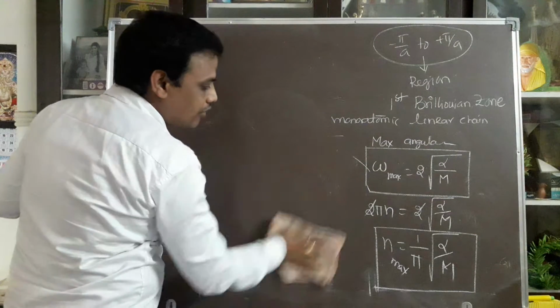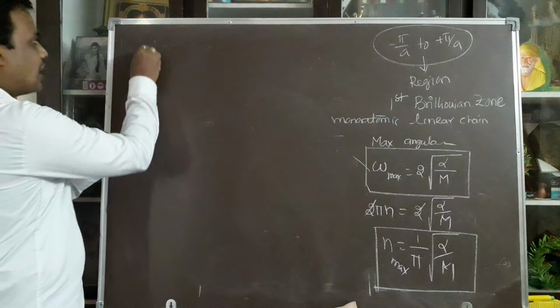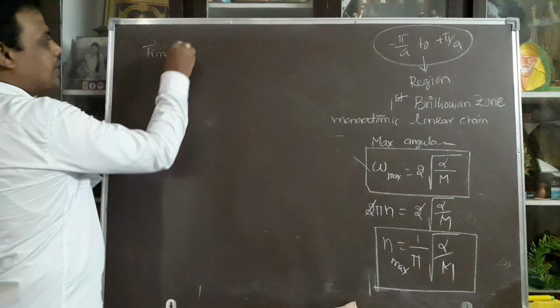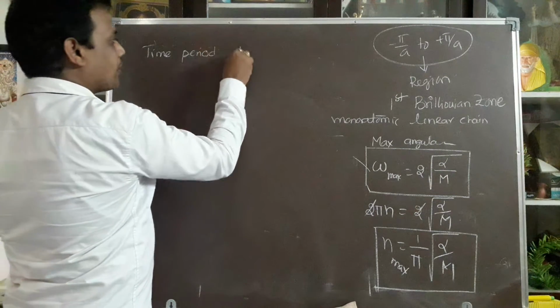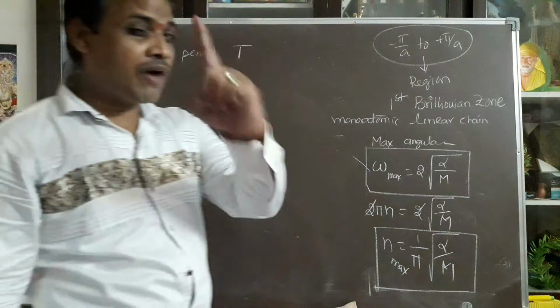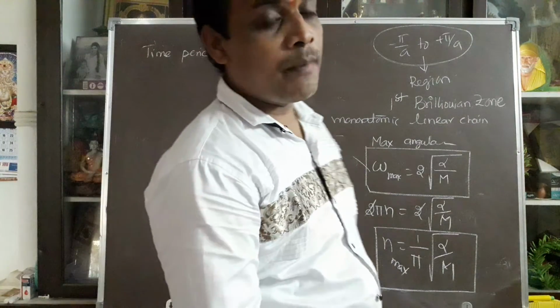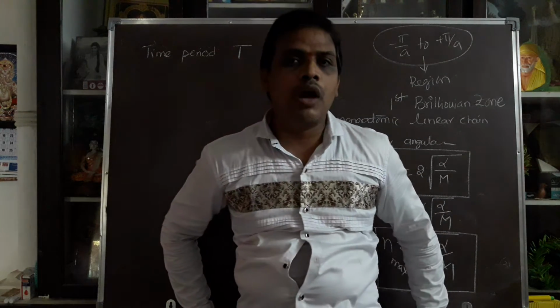At this condition, what is the time period? Time period is the time required to complete one wave, or one complete oscillation with respect to simple harmonic motion.